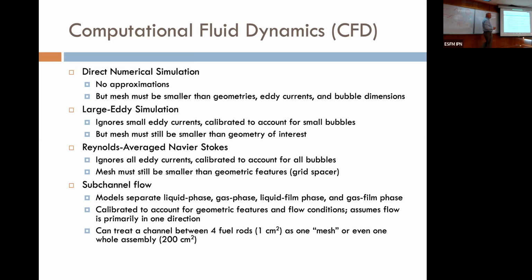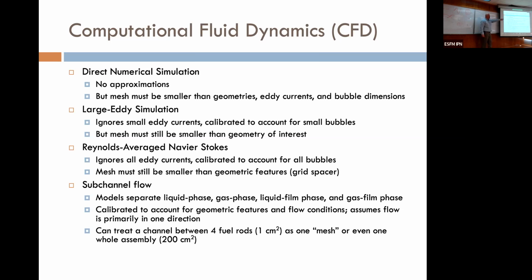A more approximate way of doing it would be a large eddy simulation. In large eddy simulation, you say, let me just ignore these small eddies. Those are too small to matter. Let me put in some terms that will account for these small eddies.